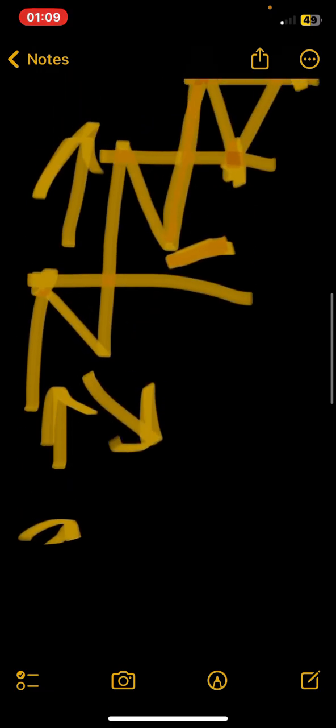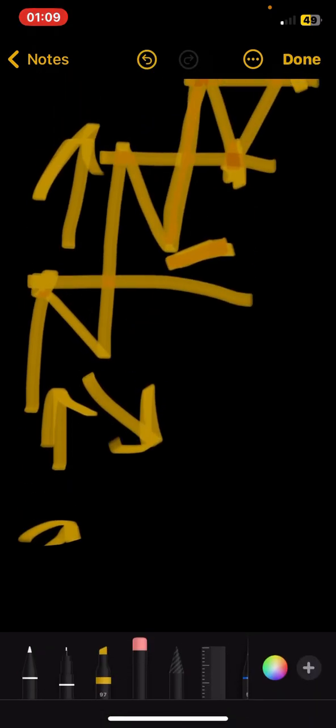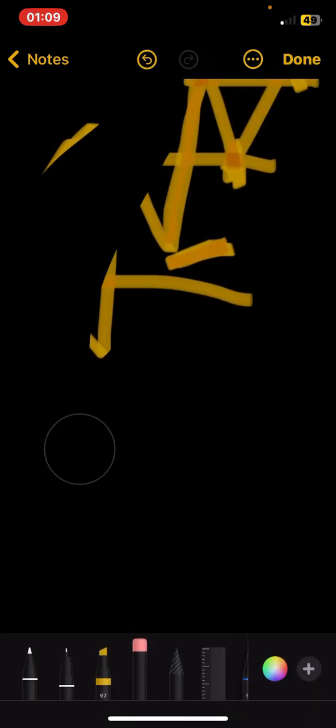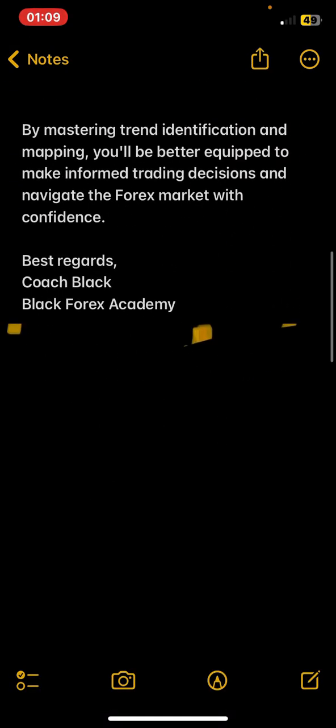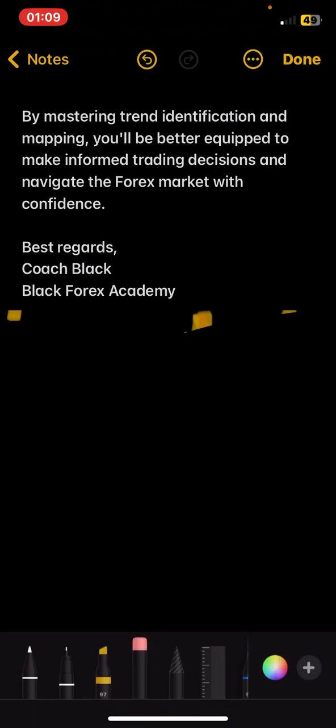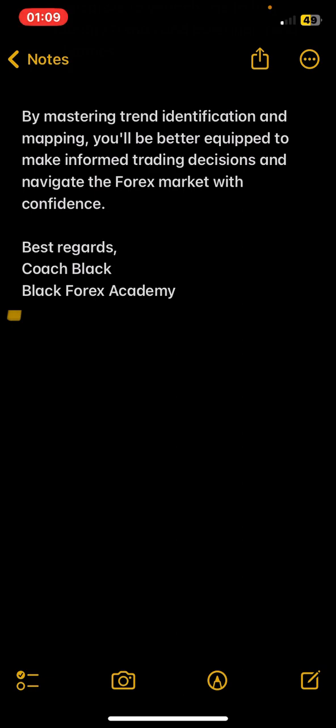Or better still, how to map out these zones professionally. How do we map out our higher highs, higher lows, lower highs, lower lows? How do we mark them out in our chart? So how do we identify them professionally?